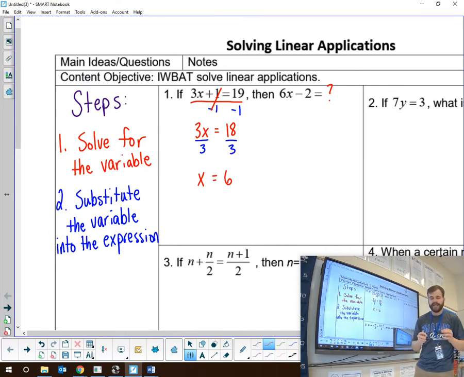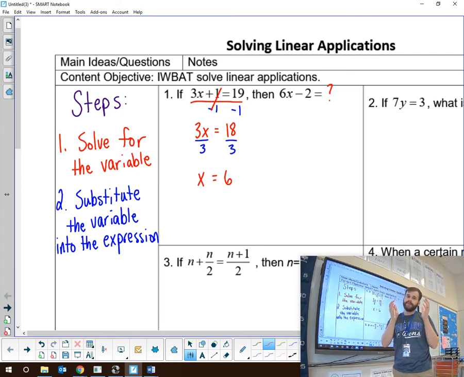Now listen, this x equals 6 tells me what the variable is, but it is not my final answer. What we are looking for is what is 6x minus 2. This is our big question. What is 6x minus 2? So we can take this 6x minus 2, and we're just going to take this 6 and plug it in for x there.